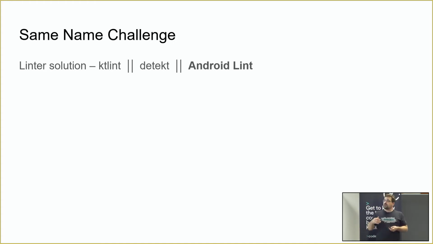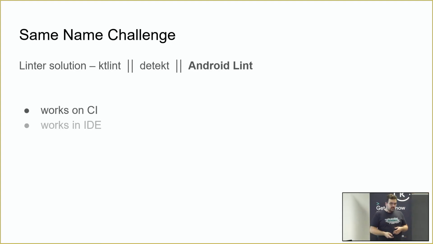Either you may write some easy ktlint rule. Writing ktlint rules is really easy. Then there is detekt, or in the end, Android Lint. Currently, we have those rules in ktlint, but I would recommend using Android Lint because everything works nicely on CI, and with Android Lint, you will get underlining in the IDE for free.